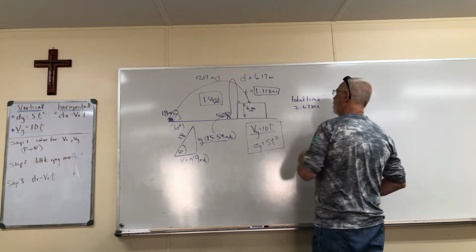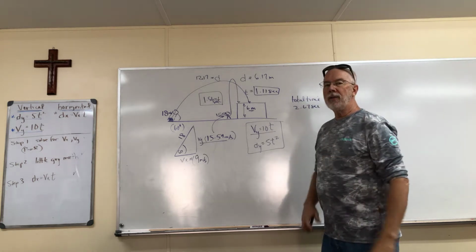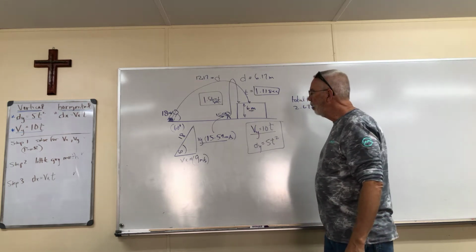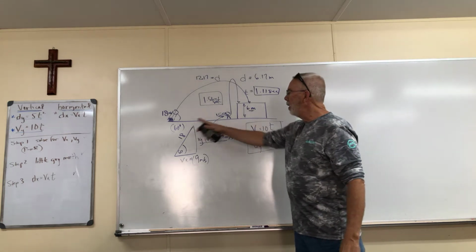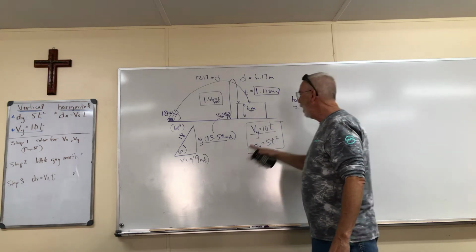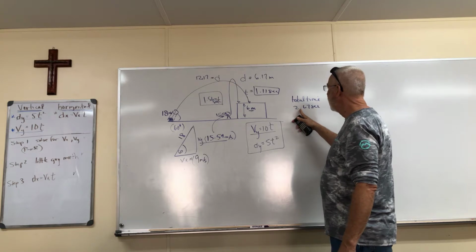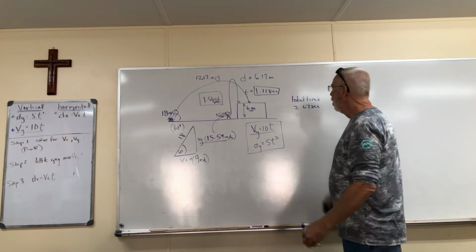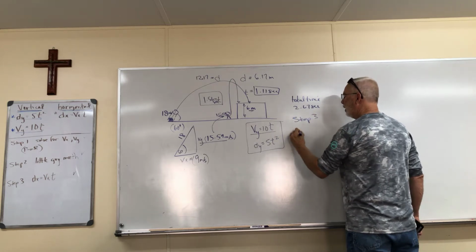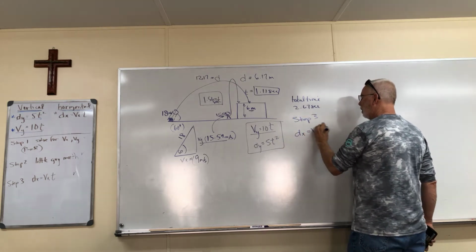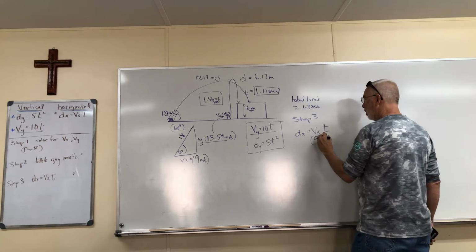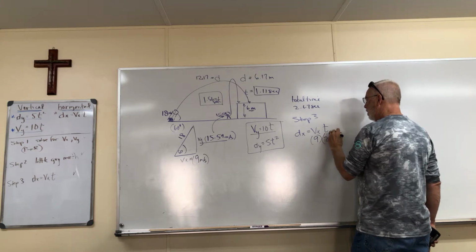2.67 seconds. Now, what we learned about this projectile motion is that the horizontal speed is a constant. So it's constantly moving from left to right at 9 meters per second, and it's doing that for 2.67 seconds. So the formula that we used in step number 3 is d sub x is equal to v sub x times t, and v sub x is 9, and the time is 2.67.